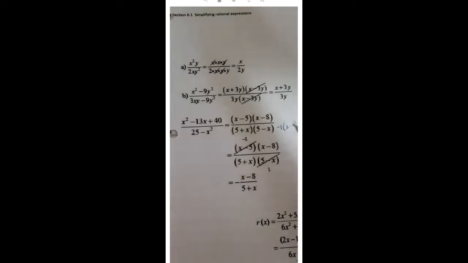And then I get to mark this x minus 5 off with this x minus 5, but it leaves me with a negative 1. Now, the x minus 8 and the x plus 5, no, I cannot touch these x's because they are attached to an add or subtract sign. So my final answer there would be x minus 8 over x plus 5, and it's got a negative sign in front of it.